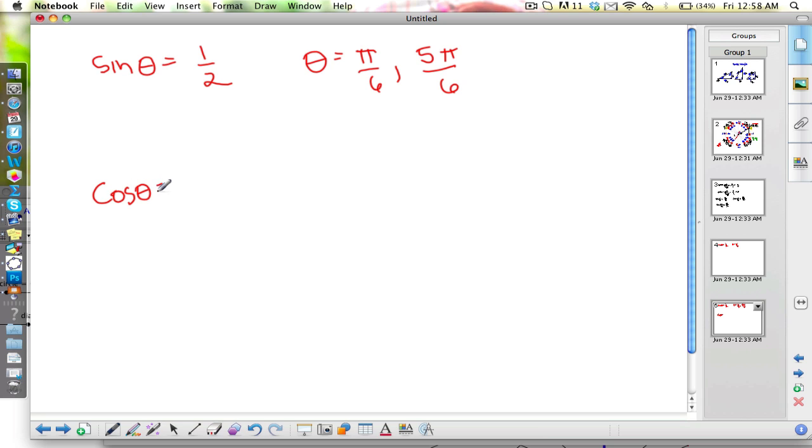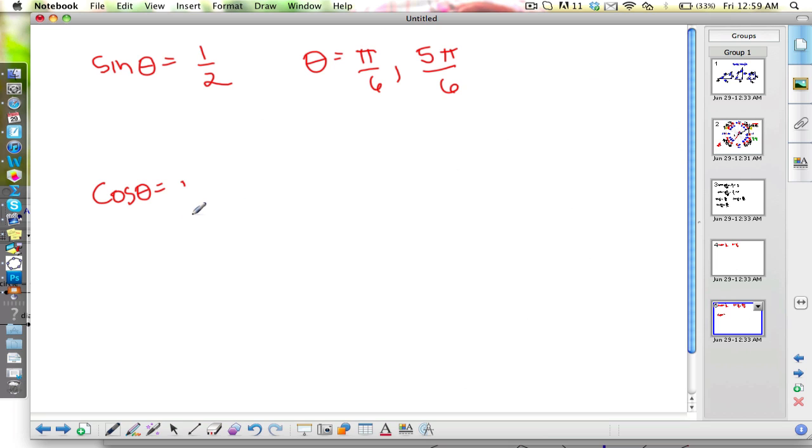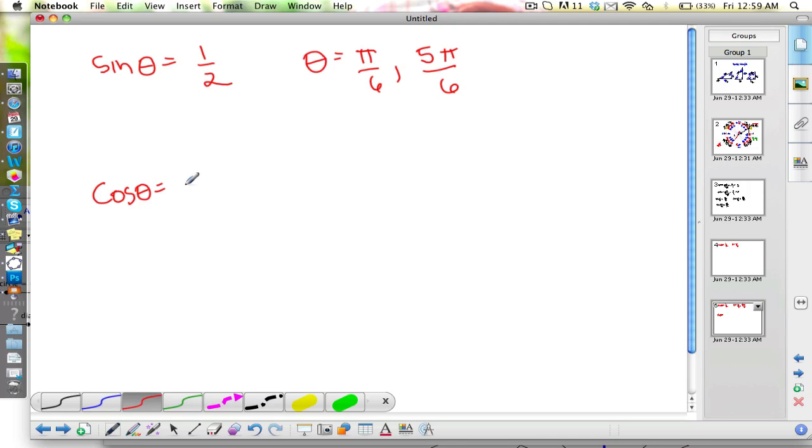Okay, let's do one more. Cosine theta is equal to what's a good one? A negative. Let's go 4 pi over 3. Okay, so what angle produces a cosine? Oh, sorry, I did that wrong. This needs to be a side length, so let's go negative √3/2.